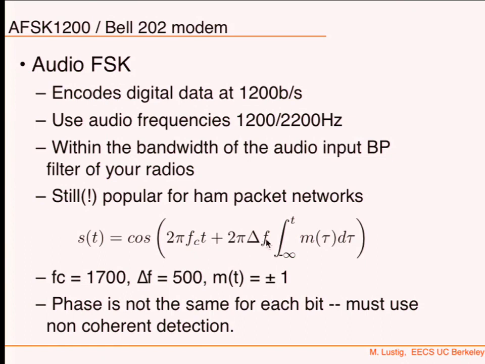So it's plus or minus again, but because we integrate over the phase, it has to be continuous. That means that every bit will start at a different phase. So the detection cannot be coherent. It cannot be locked to the phase.